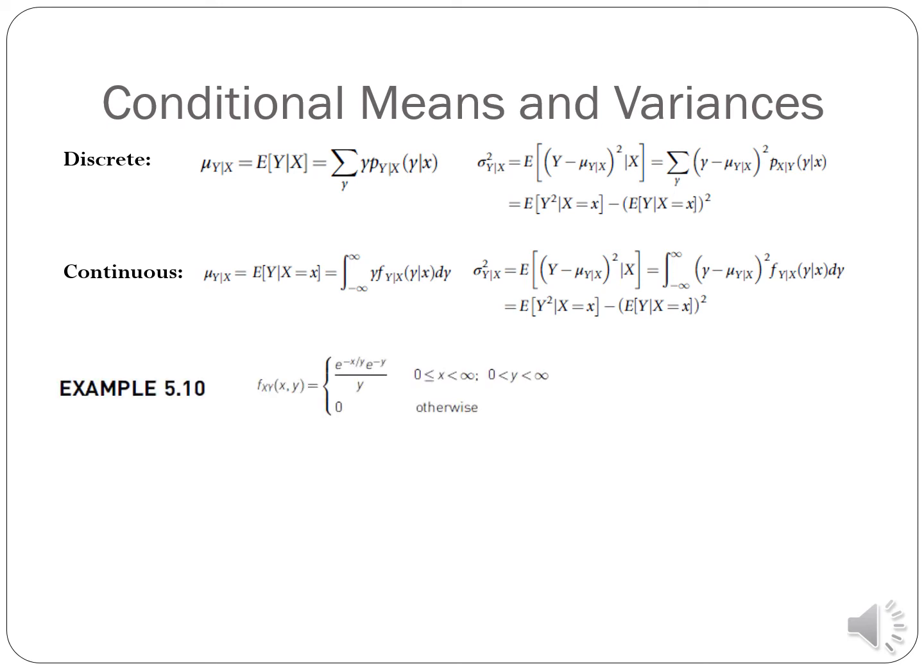Let's do the example 5.10. So here we can see the probability fxy is given for a particular range. Now we are going to find the mean and variance.